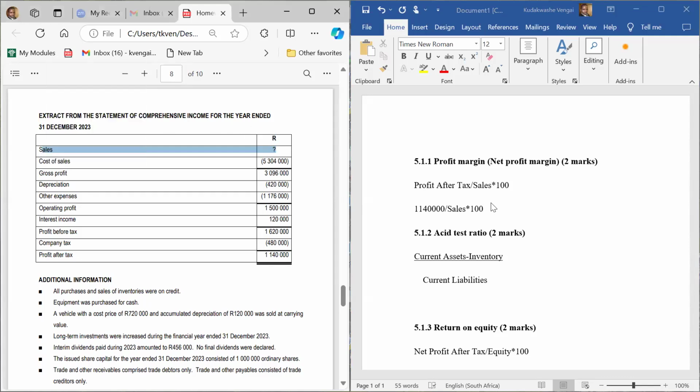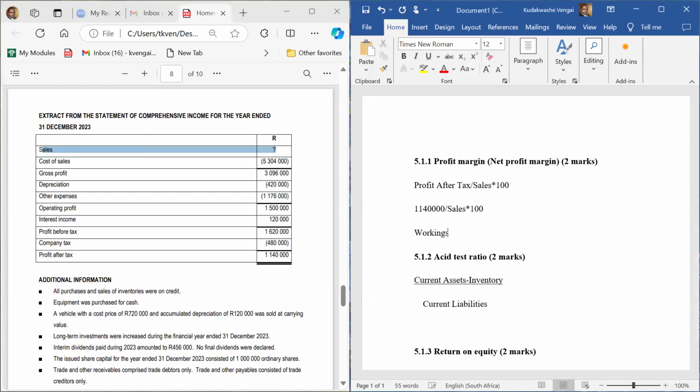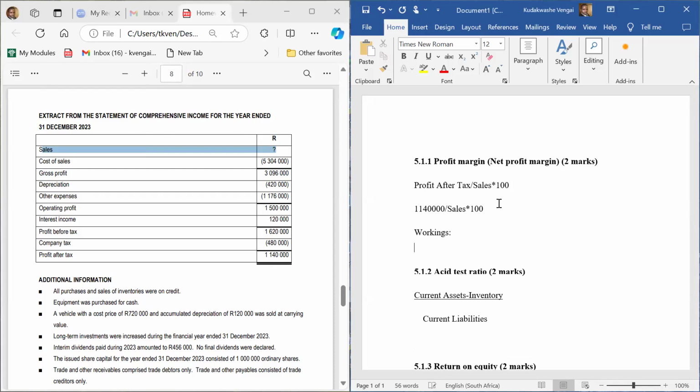But remember, we've been learning accounting for the last semester, so you know what to do there. Let's say workings. How can we calculate the sales? We already know that if I say sales minus the cost of sales, it will give me the gross profit. We know this from our income statement.